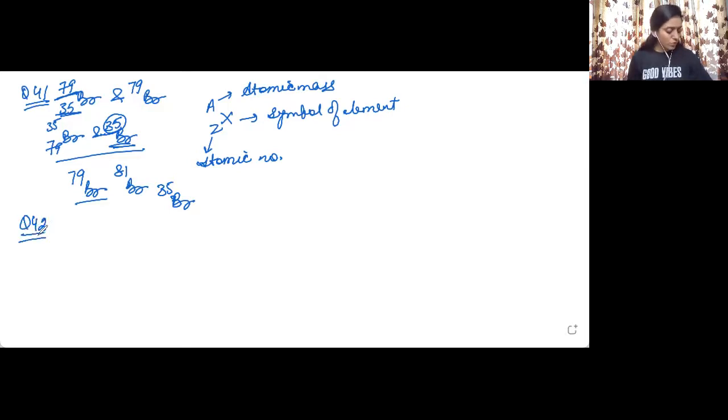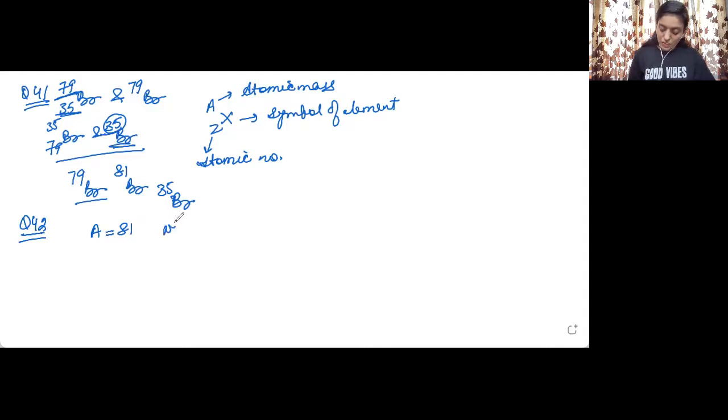Question number 42 states that an element with mass number 81 contains 31.7% more neutrons as compared to protons. Assign the atomic symbol. So we have been given the mass number equal to 81, and the number of neutrons is 31.7% more than the number of protons.